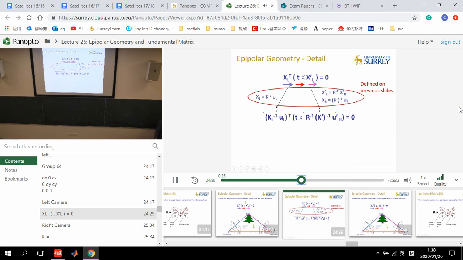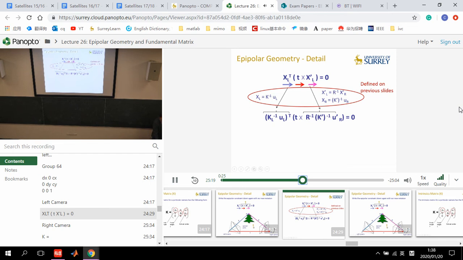So we're not talking about the big X's, we're talking about small u's. Ideally, we're going to talk about the U defined within each camera's own local reference frame. So we want to talk about U in terms of the left frame and U prime with respect to the right frame. So let's look at how each of these vectors gets transformed by nothing more than the equations we covered on the previous 3 slides.